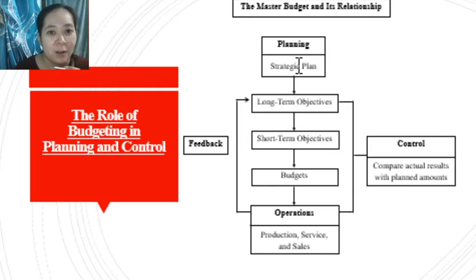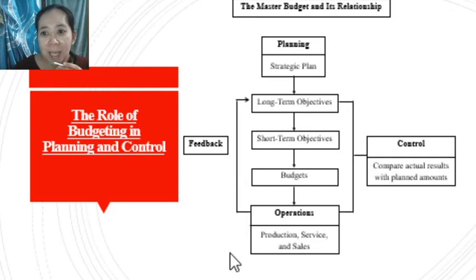Okay, so here they will also return to the formulation of strategies stage, because planning is actually a continuous activity. So we do not just plan one time. If the need arises, then the organization might change what they have planned in the past so that they will be able to perform better for the organization in the present and for the future.